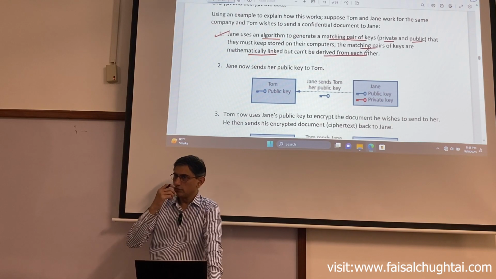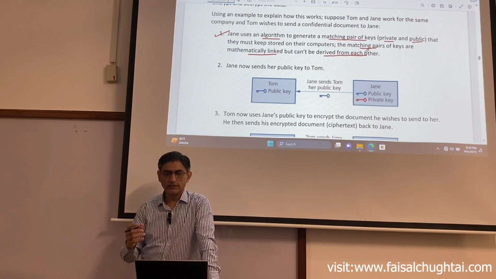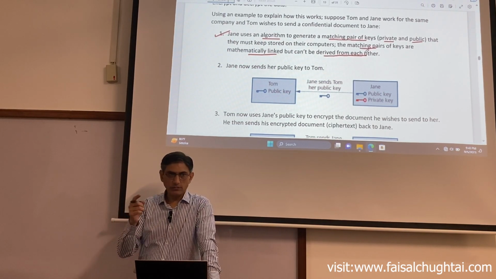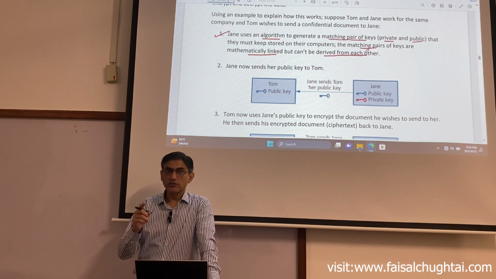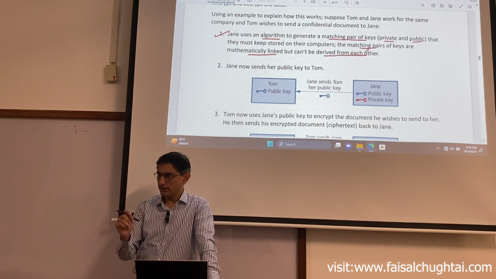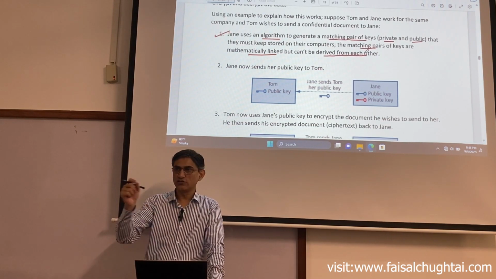We don't really have to get into the technical details of this, but what we can say is that there are two keys being made. One is the public key, which is meant for both the sender and the recipient. The public key that Jane is making is meant for Jane as well as Tom.